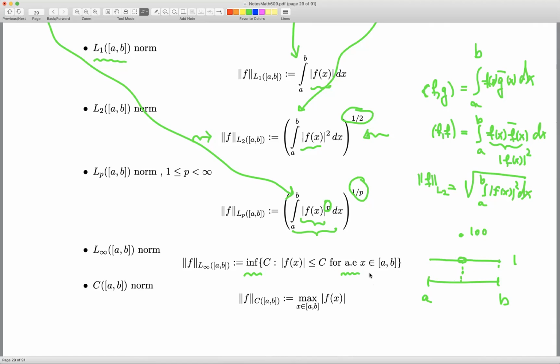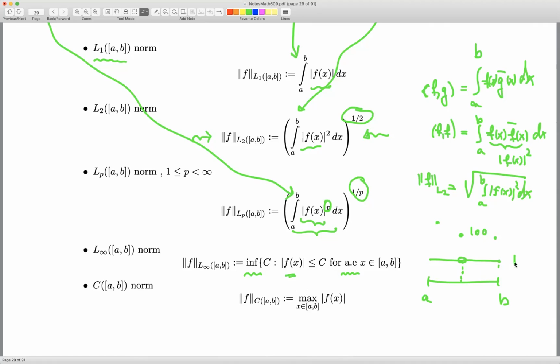So if we have, for example, a finite number of points at which my function takes some crazy values, that would be okay.